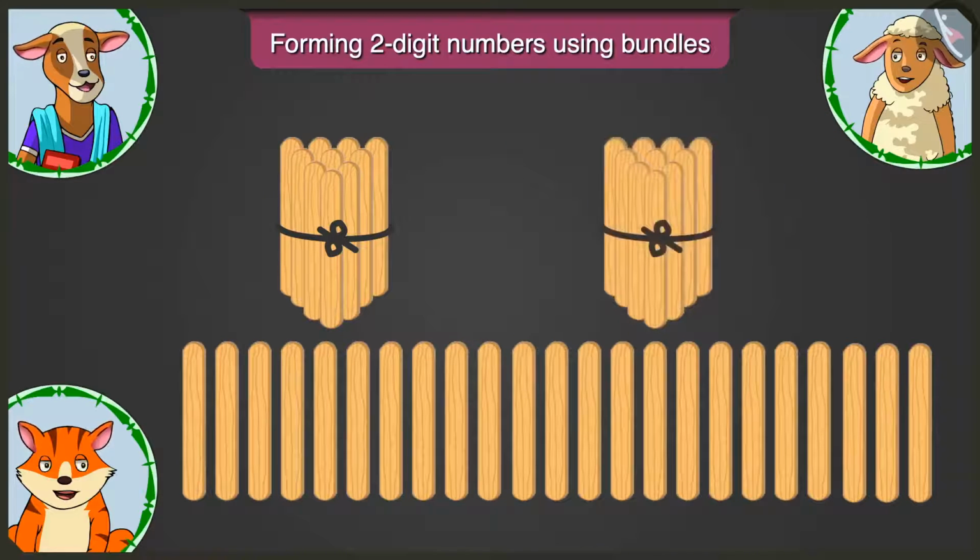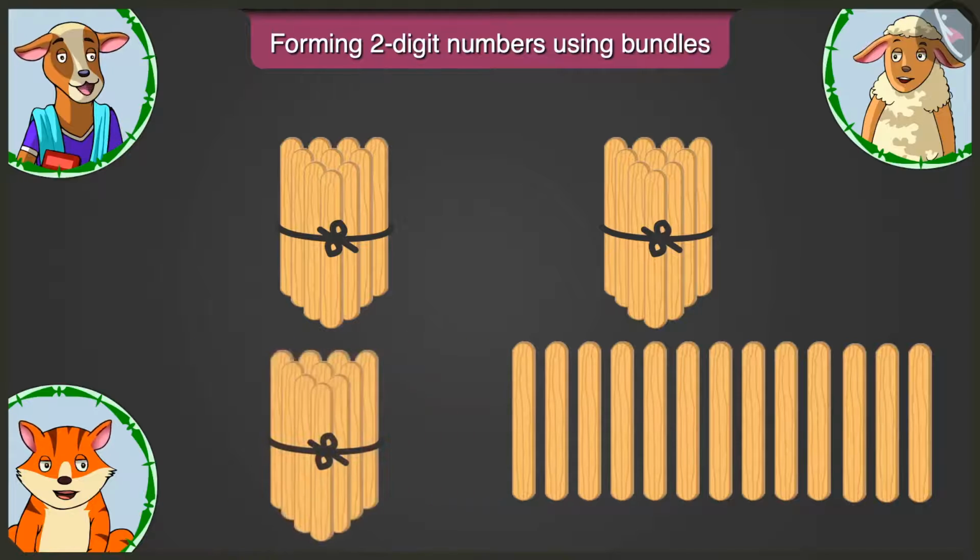This is the second bundle of tens. Now form the remaining bundles. 1, 2, 3, 4, 5, 6, 7, 8, 9 and 10. Look, we made a third bundle of tens also.